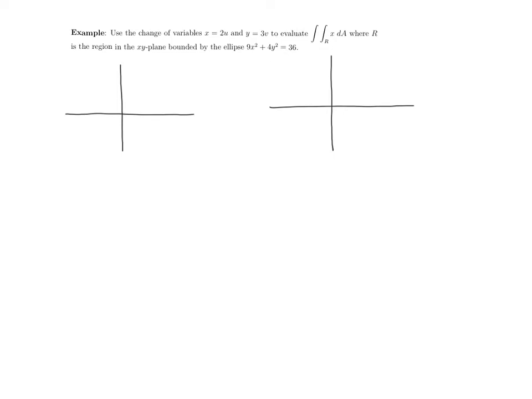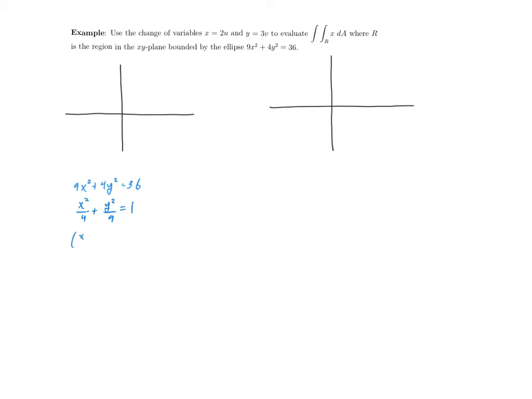We have an ellipse given by 9x squared plus 4y squared equals 36. To maybe more easily sketch its graph and identify x and y intercepts, we would like this 36 on the right to actually be a 1. So if we divide each and every term by 36, we would have x squared over 4 plus y squared over 9 equals 1.